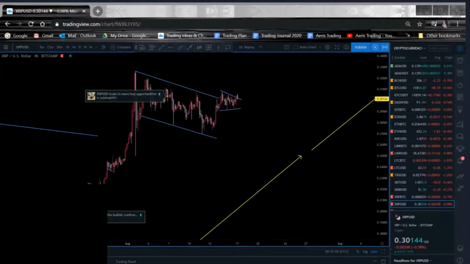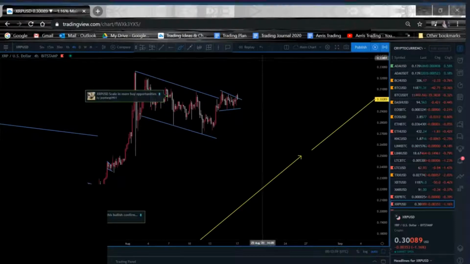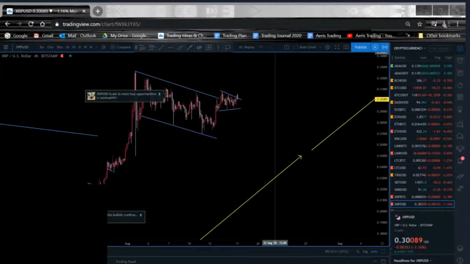My chart isn't clear? What do you mean by that? Can you see my chart now that I'm on Ripple?